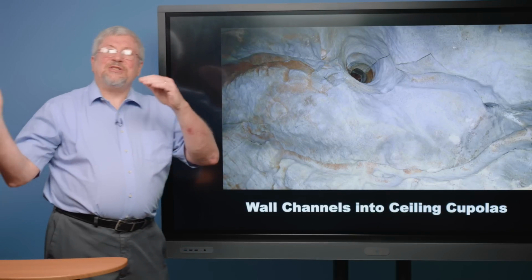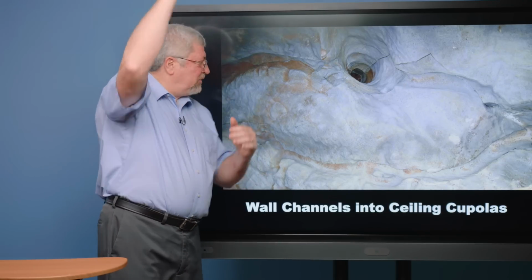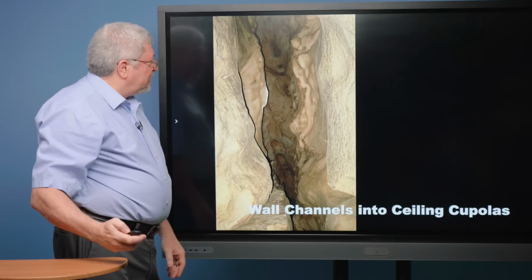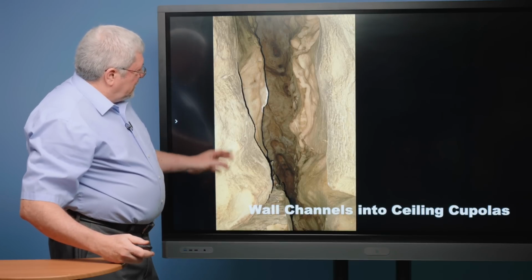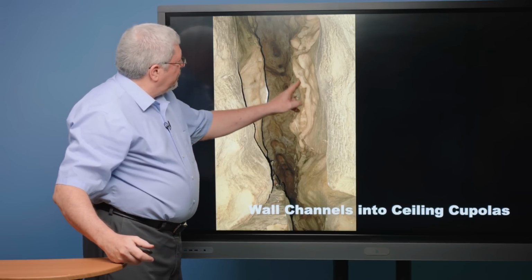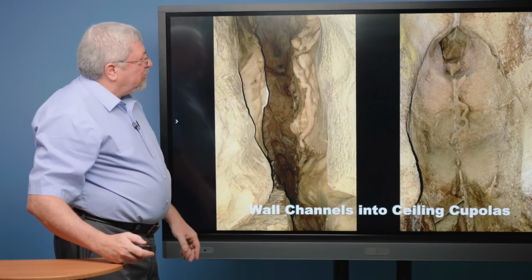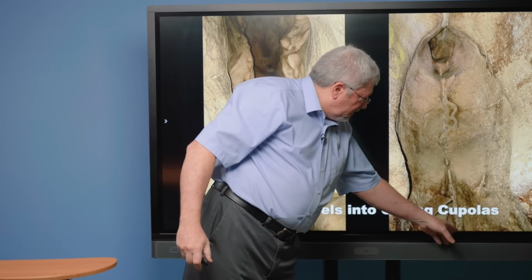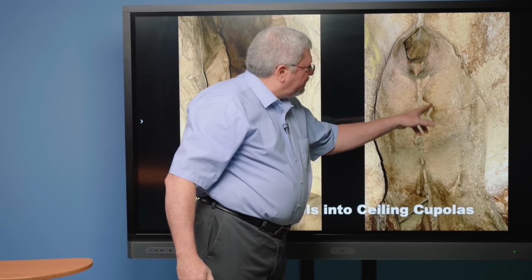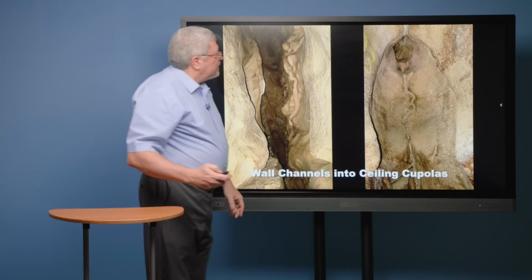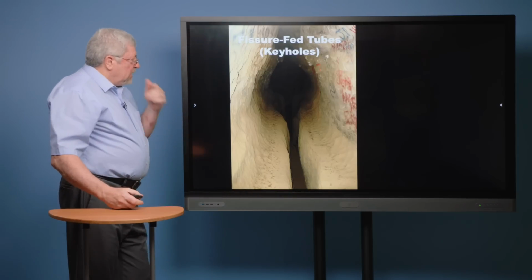And so it's as if they ran to that point and then eroded straight up and lost their acidity. So beautiful. Actually, some of them are quite spectacular. This is a nice wall channel that goes up into the ceiling, into a ceiling cupola again.